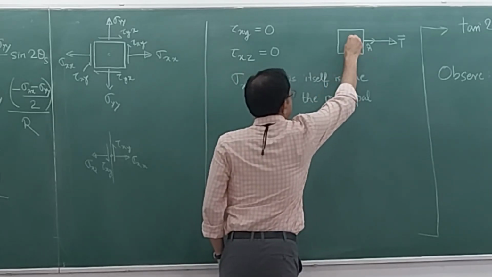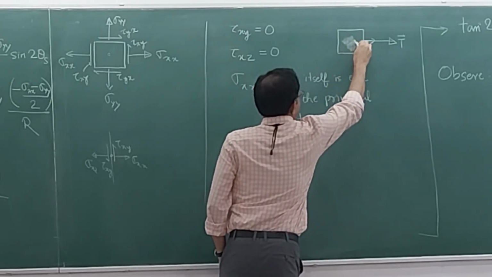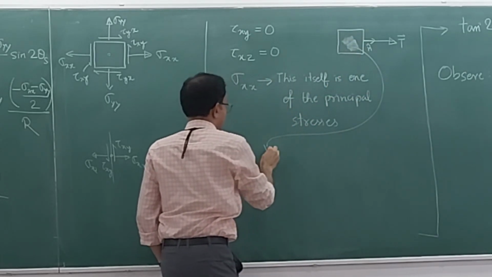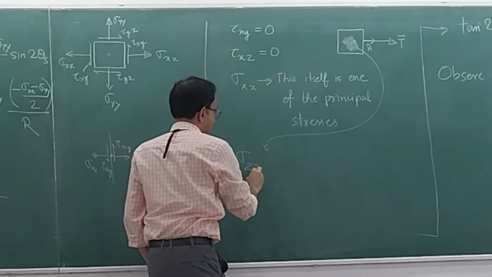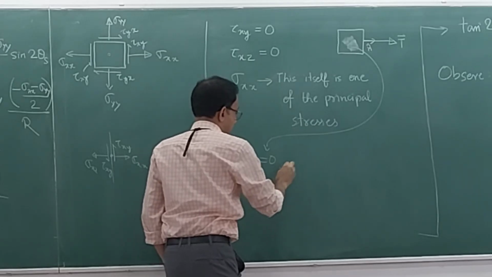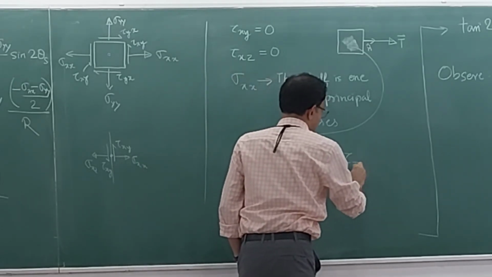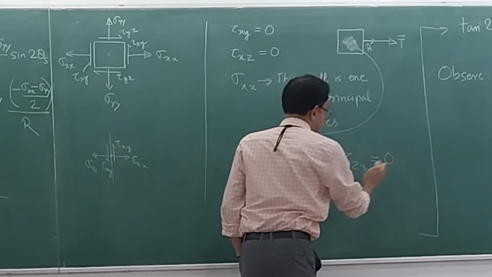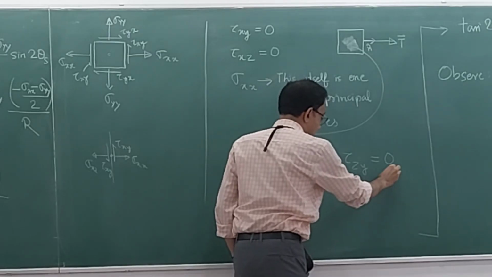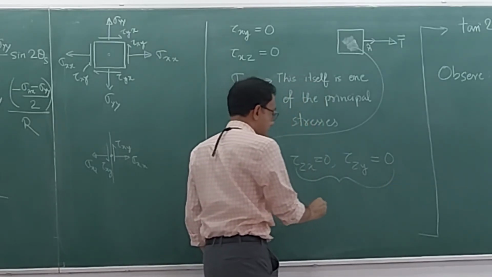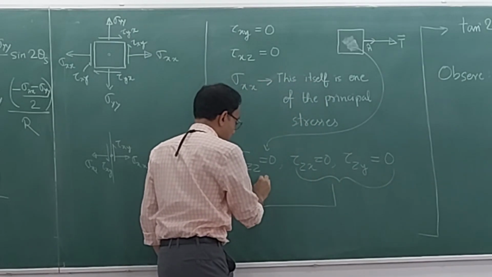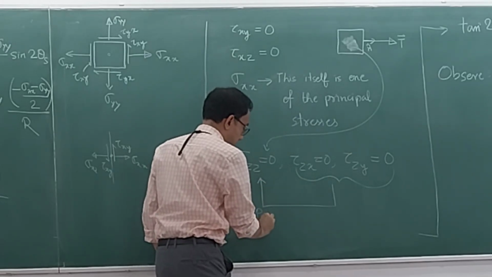So on this plane, what do you have? Sigma zz equal to 0, tau zx equal to 0, and tau zy equal to 0. Because these two things are 0, therefore this one is a principal stress.